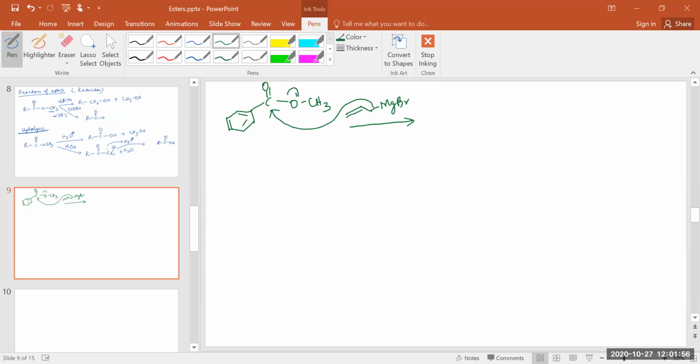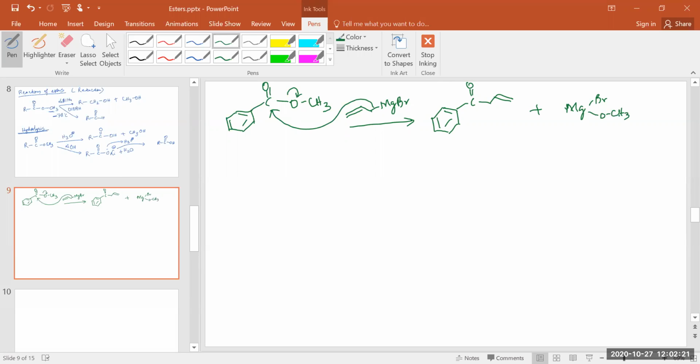I'm not showing the detailed mechanism, and then oxygen will leave, the intermediate will be a ketone, plus magnesium bromide and OCH3.